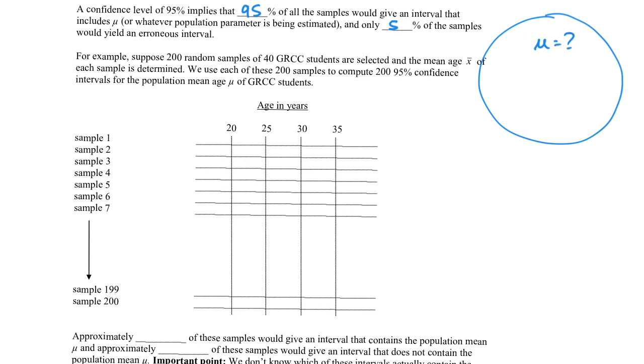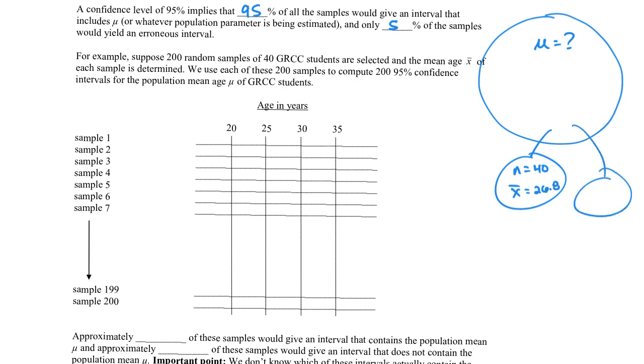We're trying to figure out the mean age of a GRCC student. And so we take samples of 40 students, right? And so we get this sample size 40, and let's say we find the sample mean here is 26.8.